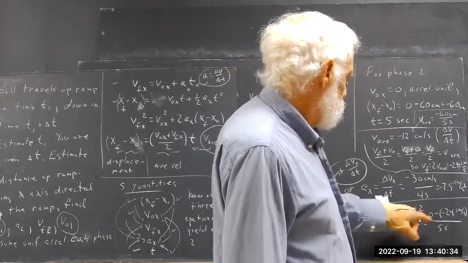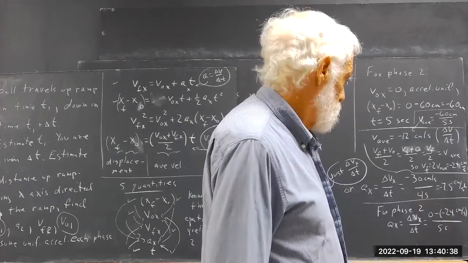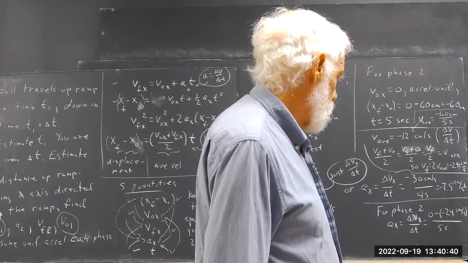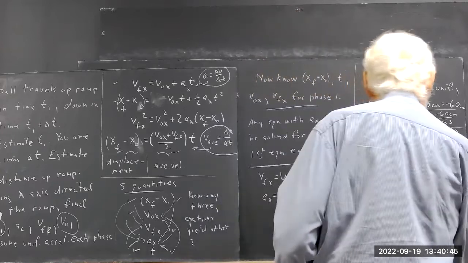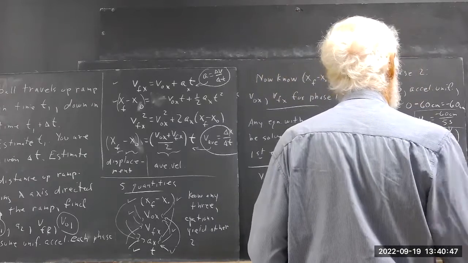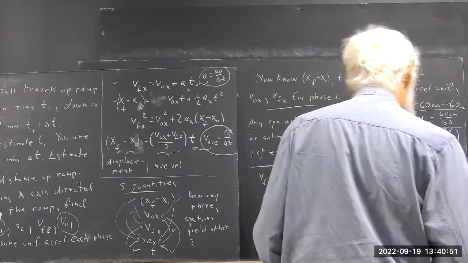Okay, so your delta v is your vf minus v naught. Wait a minute. Yeah. Oh. Final velocity minus initial.